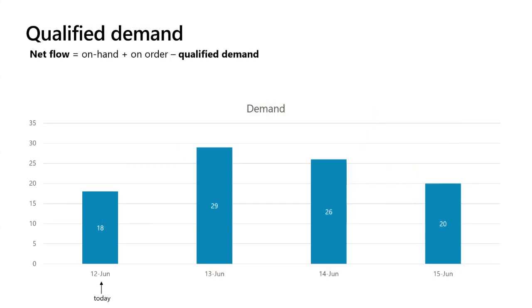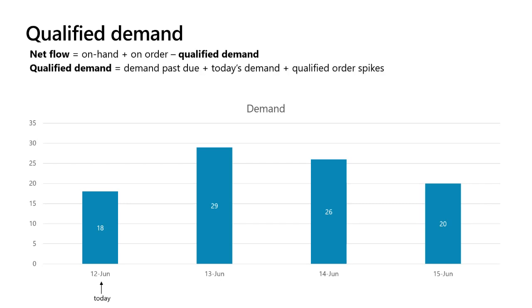So let's go back to what we mean when we say qualified demand. Net flow is on hand plus on order minus qualified demand. The equation for qualified demand is demand past due, anything left over, plus today's demand, plus any qualified order spikes.